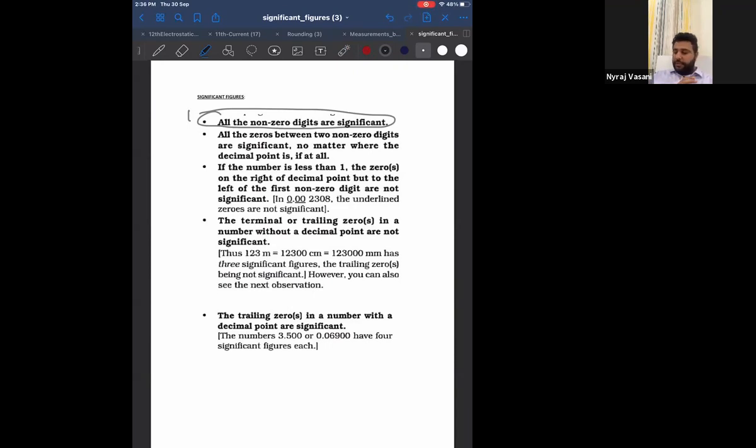All non-zero digits are significant. That is rule number 1. That is your rule number 1.